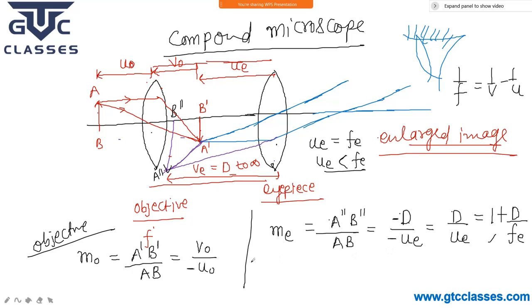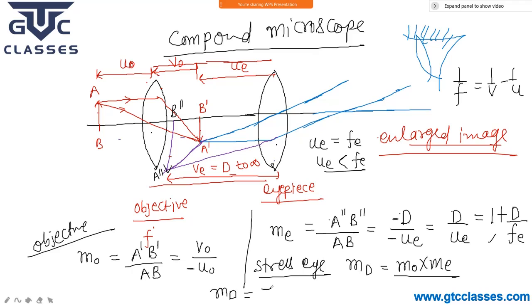That means what is the total magnification for the stressed eye? Magnification is happening 2 times, so total will be MO into ME. MO will be nothing but minus V0 upon U0. Okay, I'll write in the next slide. M will be nothing but minus V0 upon U0 into 1 plus capital D upon FE.